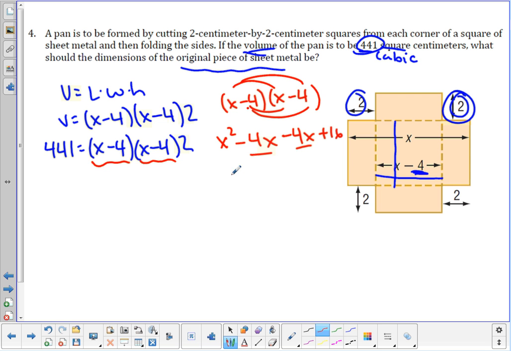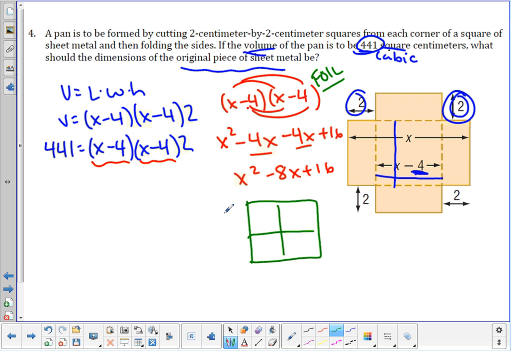These are my like terms, x squared minus 8x plus 16. That, by the way, in case you've forgotten, is the FOIL method. Some of you also set it up in a box, which works as well. x, negative 4, x, negative 4, find them, add them up, and you get this.